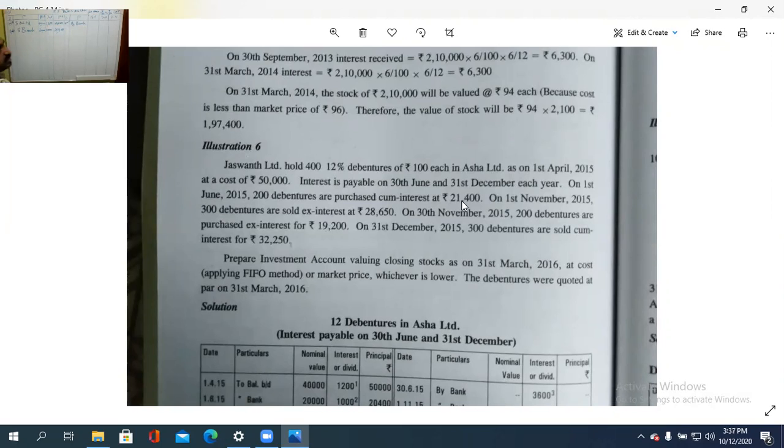Then next, this is on 1st June. The date wise transactions we are putting. So on 30th June there is a by bank entry. How much?